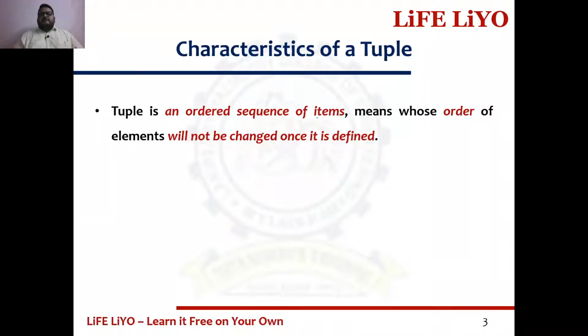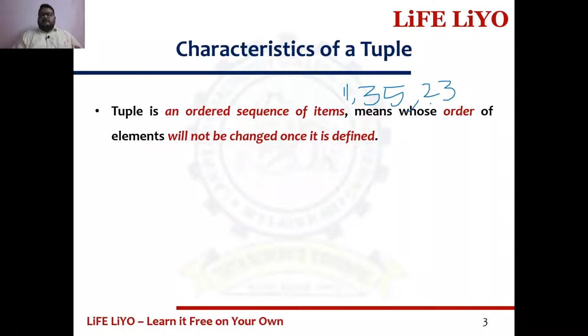For example, if our elements are 11, 35 and 23, whenever you print that tuple, all those elements are going to come in the same order. That's why they are called ordered. So a tuple is an ordered sequence of items, which means the order will not be changed once it is defined.